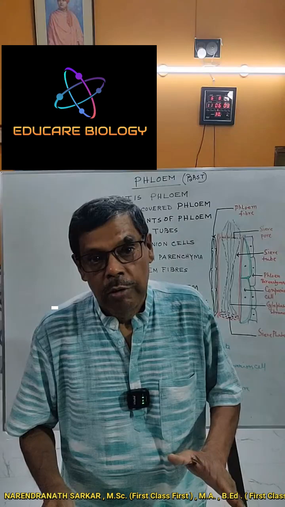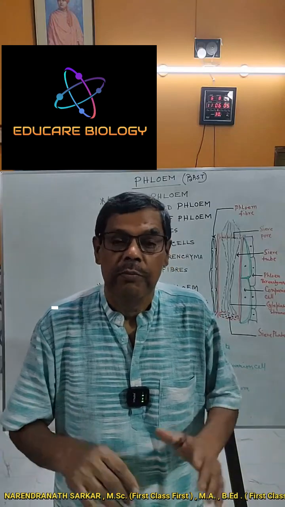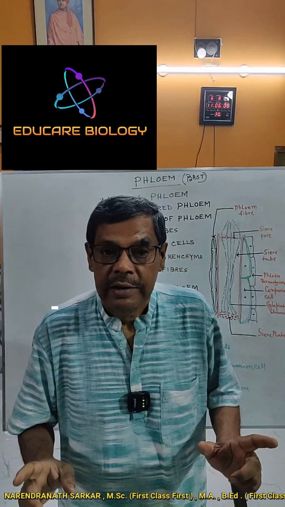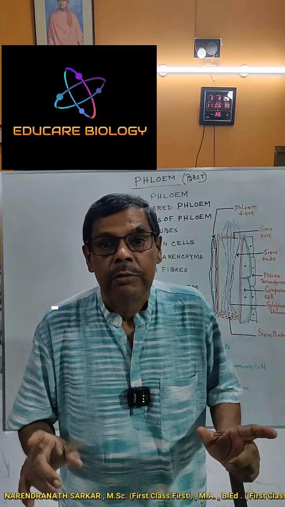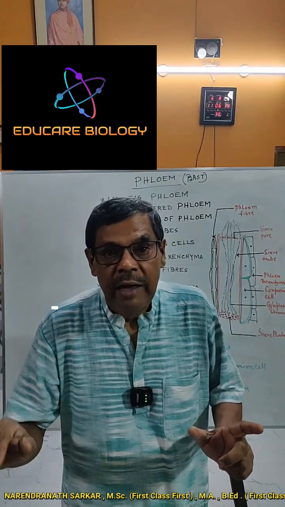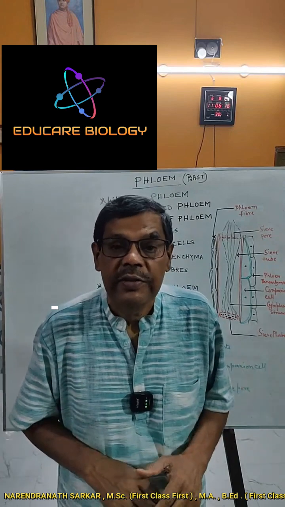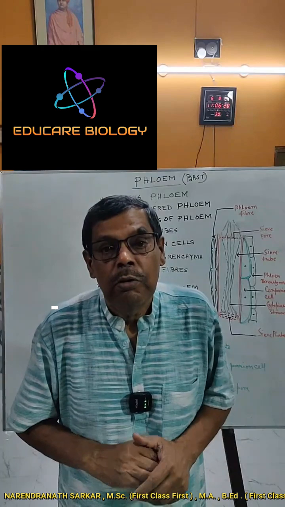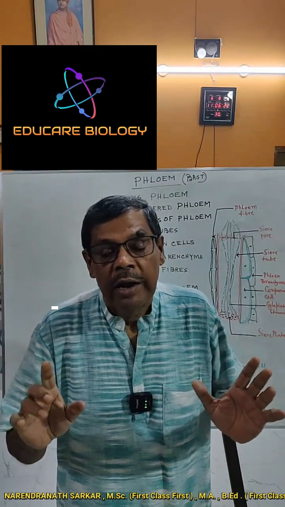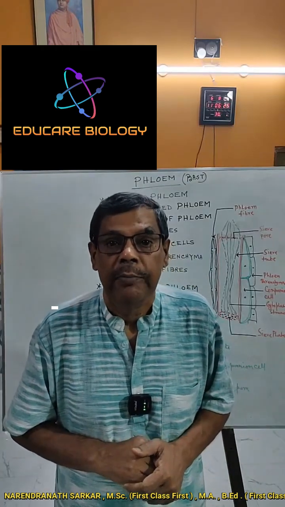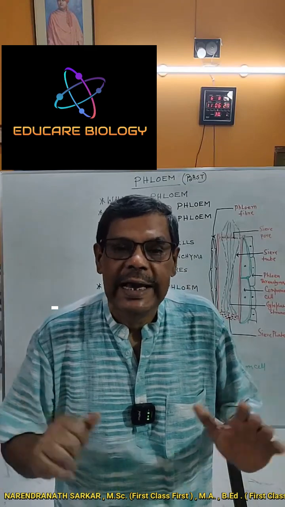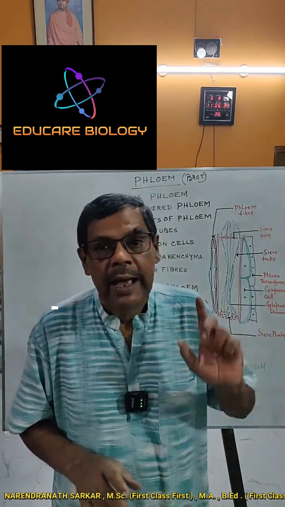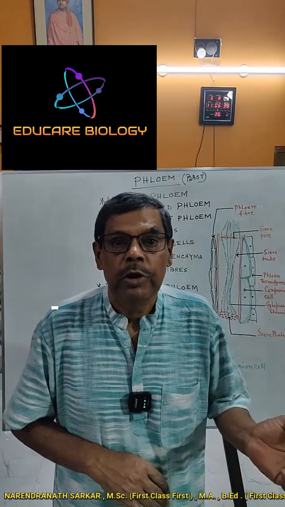The phloem which differentiates from the procambium strand later, and where the diameter of the cell, that is the sieve tube, is higher than protophloem, is called metaphloem. Protophloem, metaphloem.